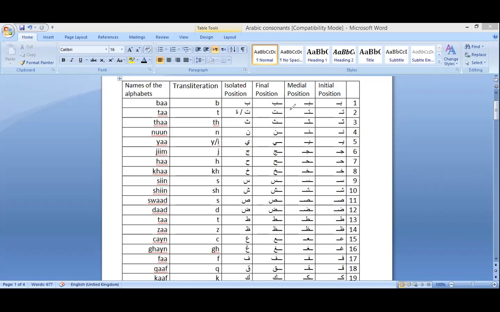In Arabic, actually, letters are joined. Not in the English or Latin way, but they are directly connected to each other. For example, these are three letters in Arabic.